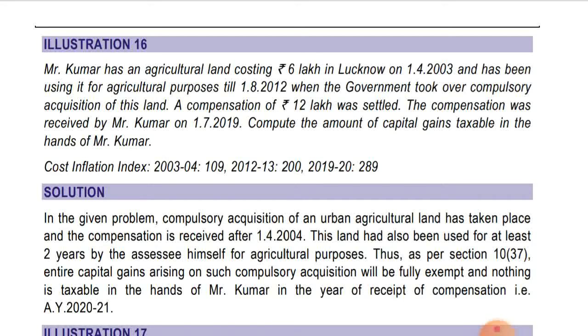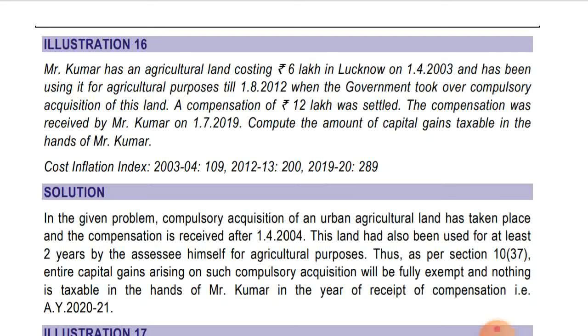Now a compensation of 12 lakh was settled. The compensation was received by Mr. Kumar on 1st July 2019. Compute the capital gain taxable in the hands of Mr. Kumar. Cost inflation index is given for different years.